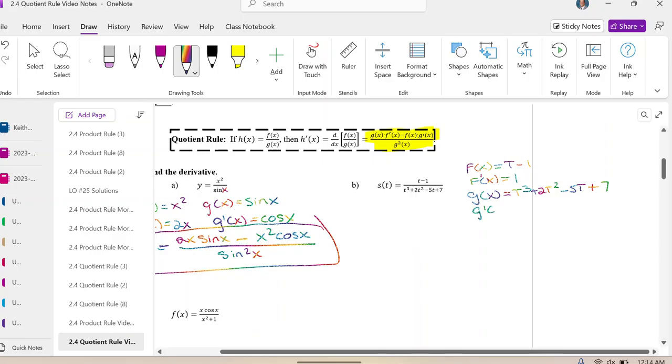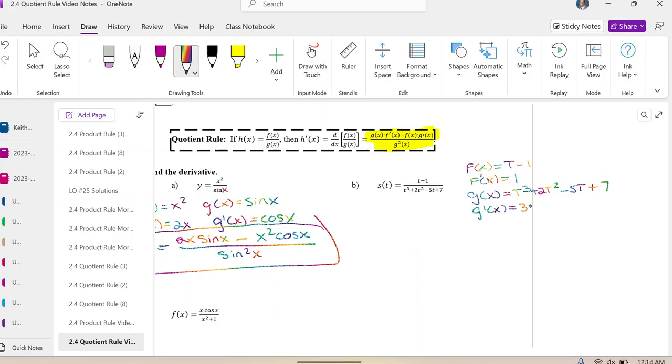The derivative of that is 3t squared plus 4t minus 5. There are no x's involved, these should be t's.